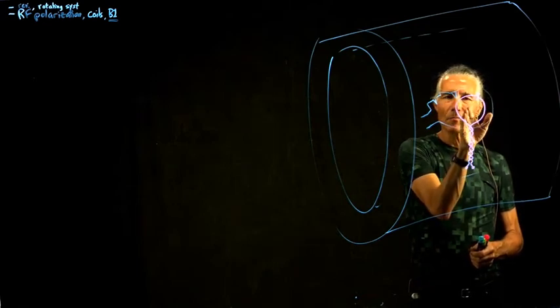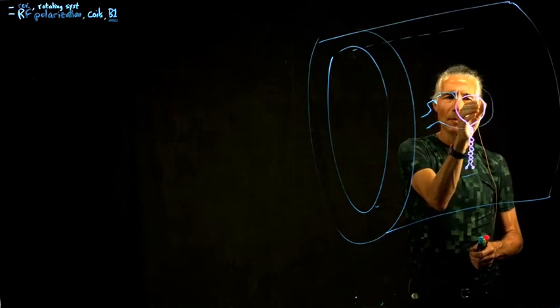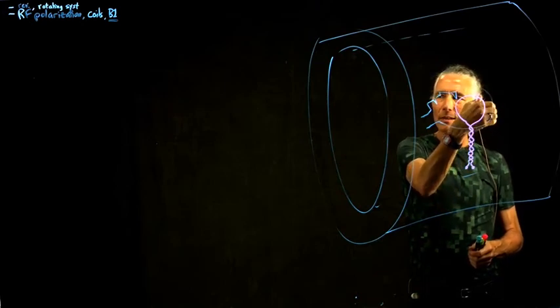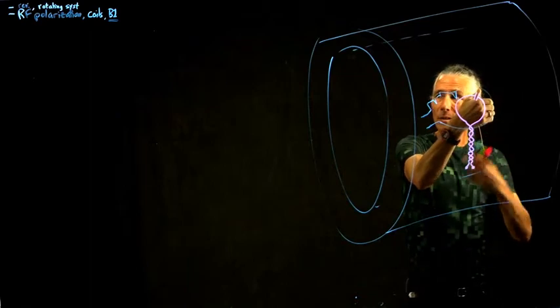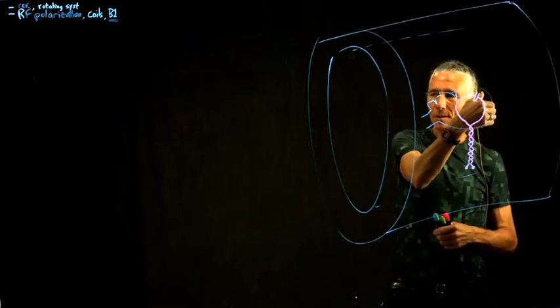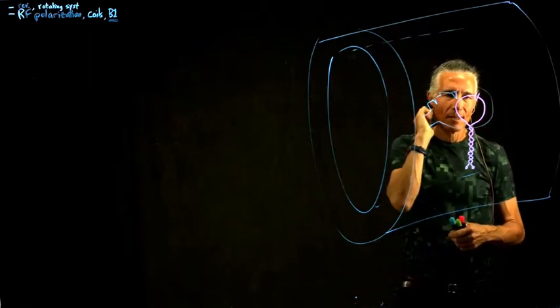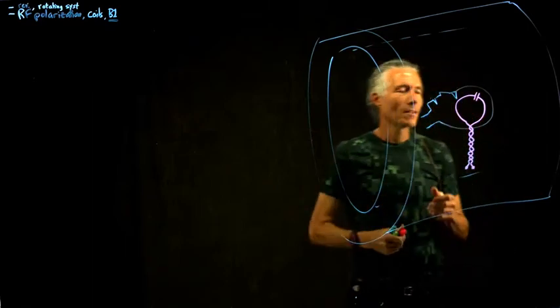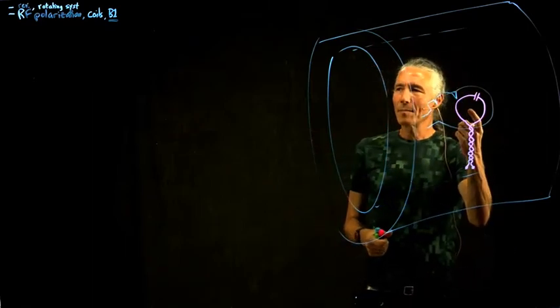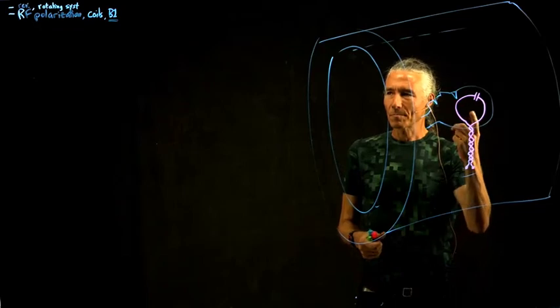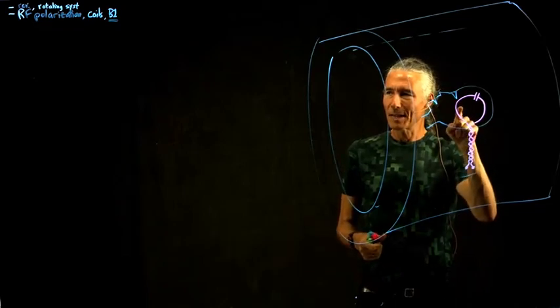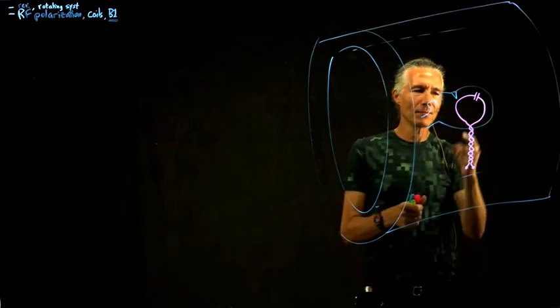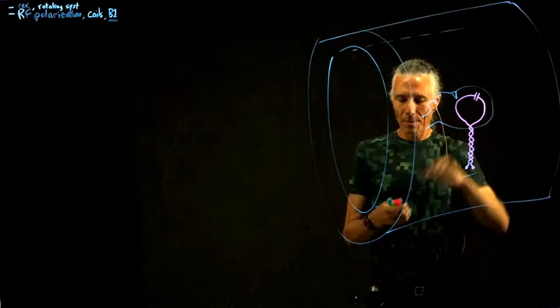The magnetic field will go one direction through the coil, but on the outside of the coil it's going the other direction. Right in the middle of the coil, it's going to be coming out at you if the current is going up.